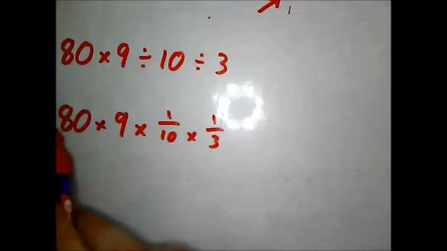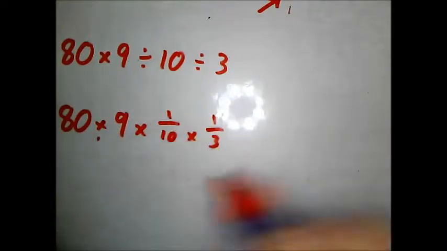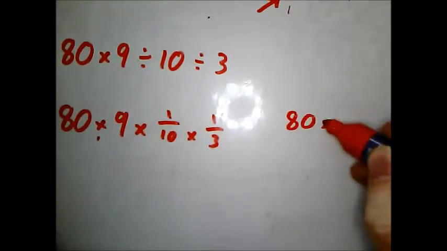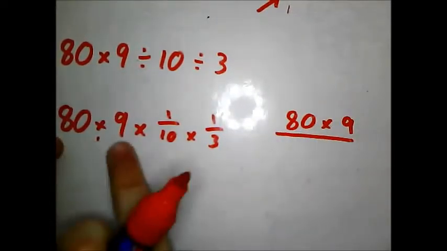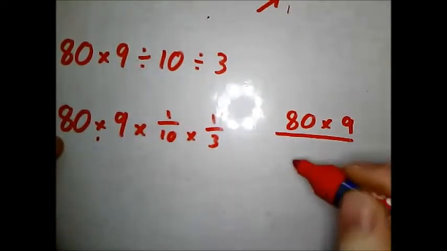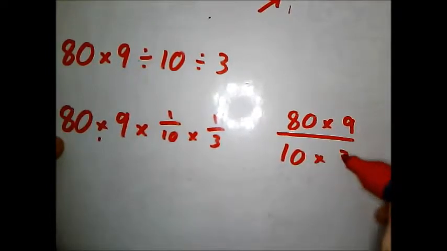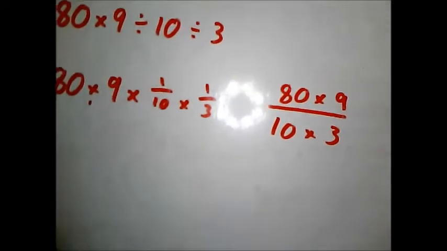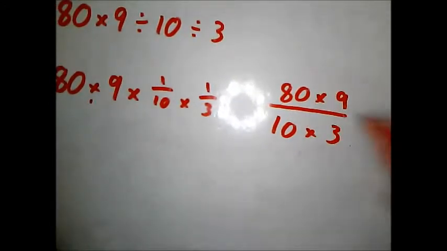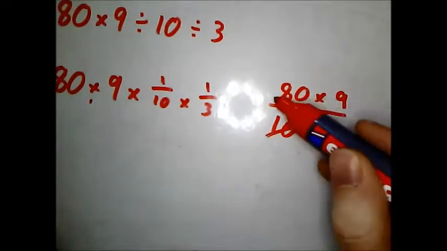Okay, and now I'm going to simplify this. So 80 times 9 and then multiply by the numerators. That's going to give me 80 times 9 on my numerator. And then my denominators are just 10 and 3, so it's going to be 10 times 3 at the bottom. Now I've made it a bit tidier, I can start to look for common factors.